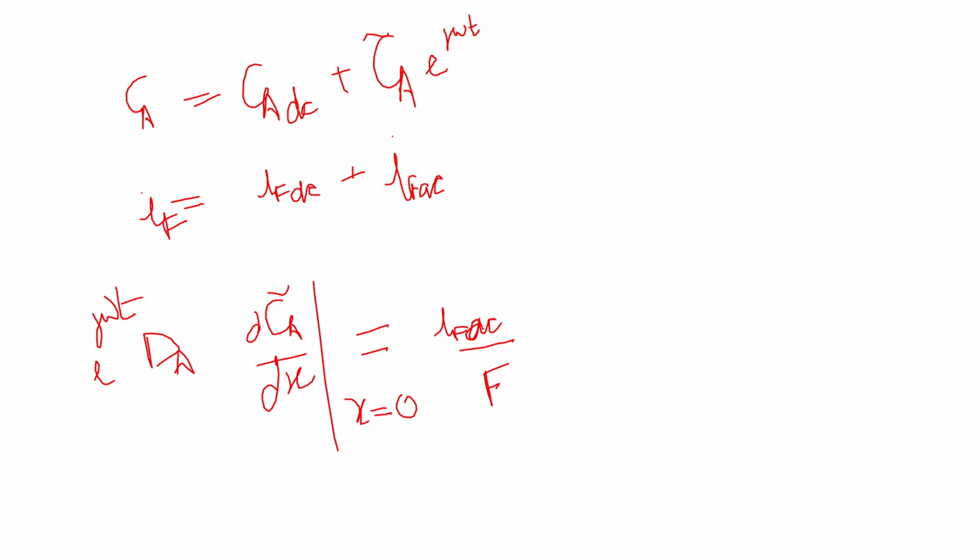Again, I can club e raised to jωt into IF AC naught, and I can write that as IF bar by nF, same into e raised to jωt. So if you see on both sides I have jωt, I'll cancel.